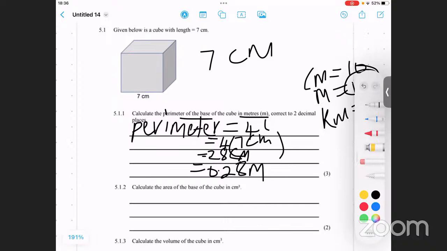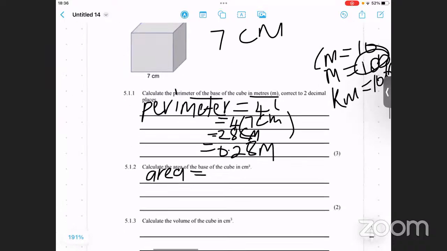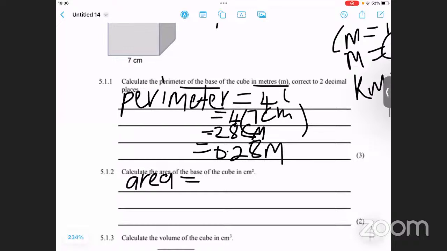So how do we calculate for an area of a square? Area equal to, what is the area? Ma'am, length times length.